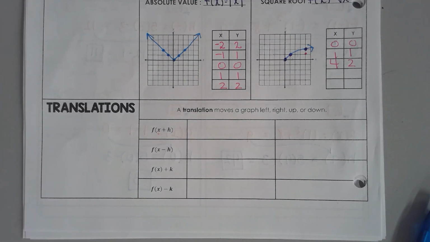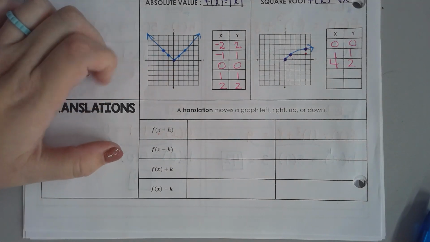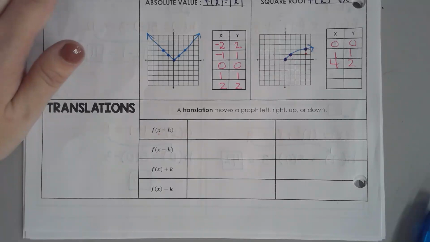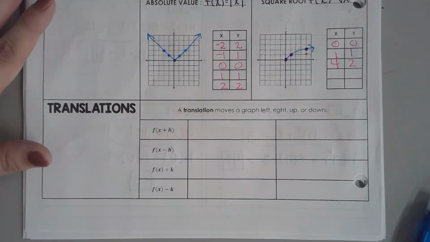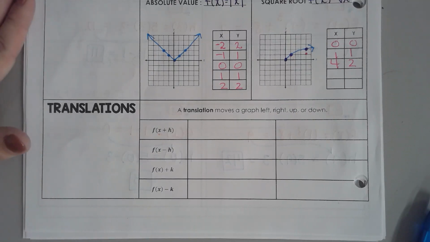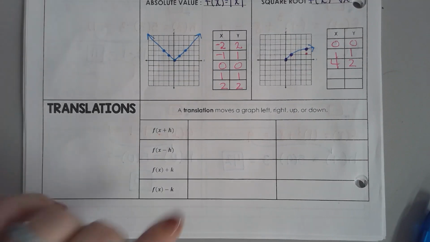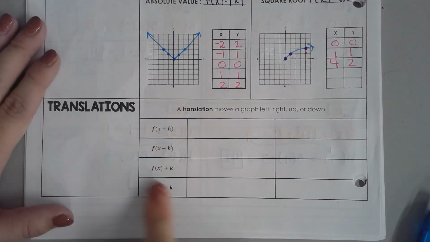So translations means that I can take one of these graphs and move it left, right, up, or down. And the way that I put that in the equation, I'm going to add or subtract certain numbers in certain places. So for example, this is the fancy notation.